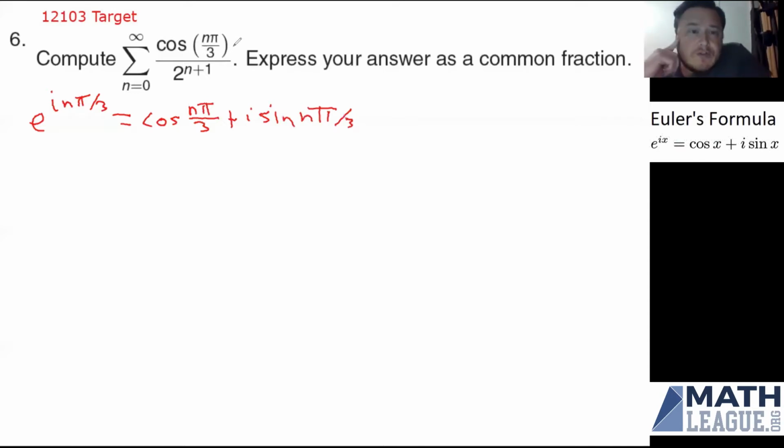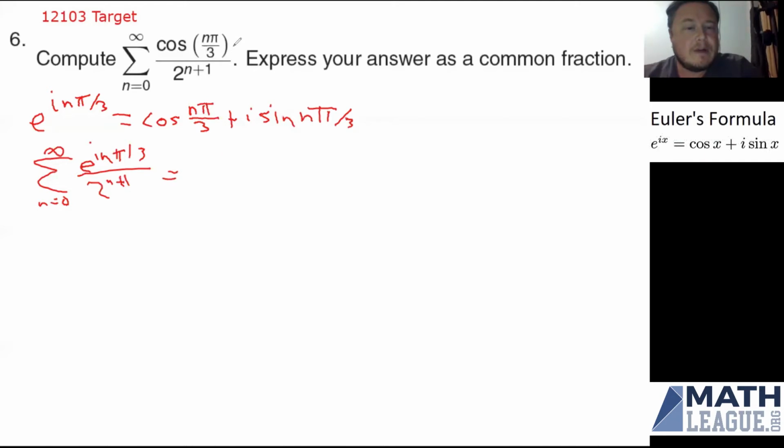Okay, so basically what we can do is we can say that the sum from n equals 0 to infinity of e to the i n pi over 3 divided by 2 to the n plus 1 is going to equal the sum from n equals 0 to infinity of the right-hand side of this equation above divided by 2 to the n plus 1.